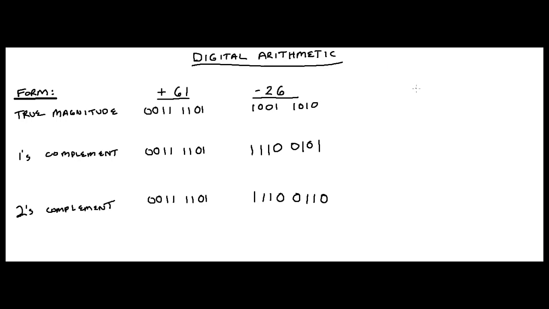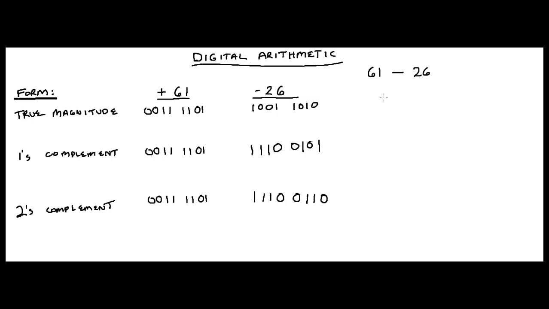All right, everyone. So now what we're going to do is take the 2 numbers that we worked with and perform a mathematical operation. What I want to do is take 61 and subtract 26. Okay? But let me write that differently.